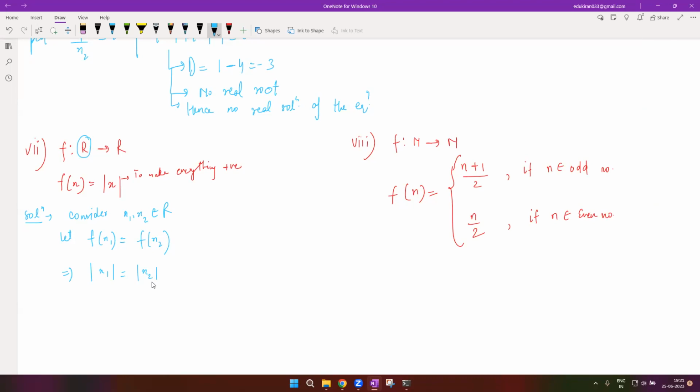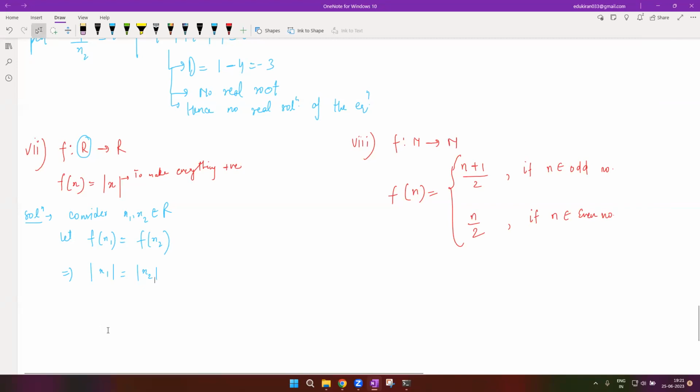And now the important question is how to remove modulus. There are two ways to remove modulus. Either you remove modulus and you put plus minus on the opposite side. This is one way to remove modulus, but this is not considered a good way.